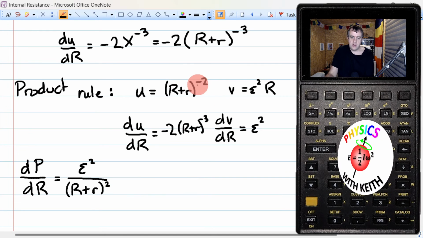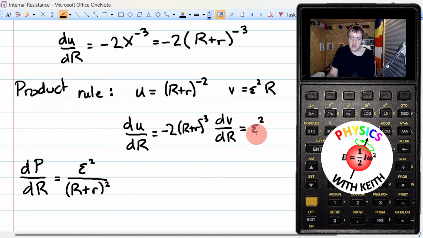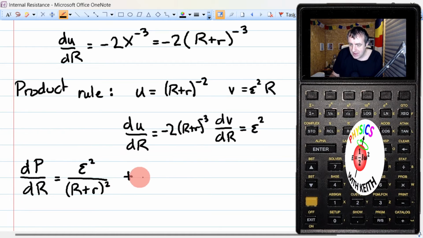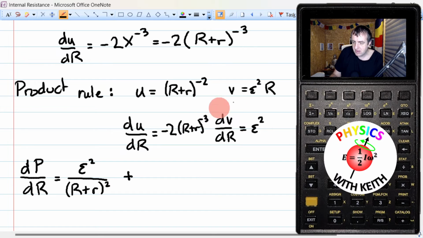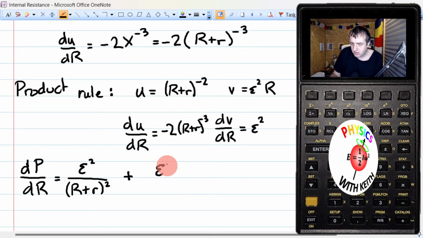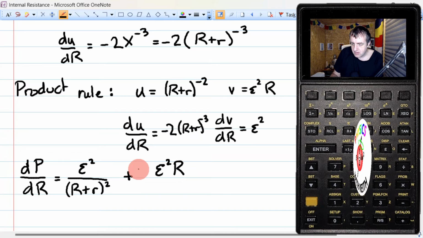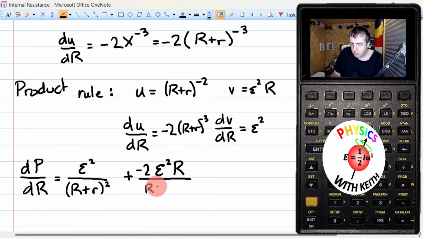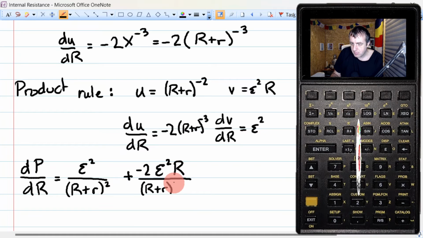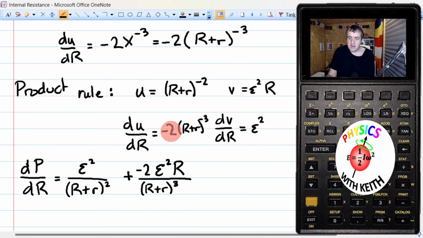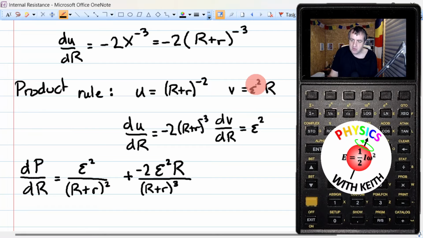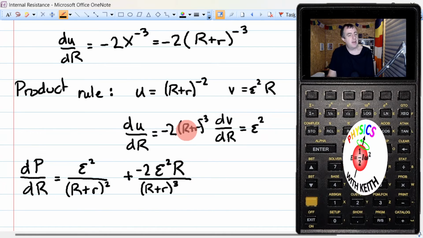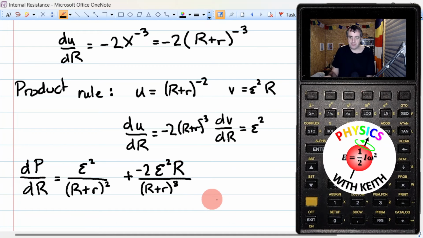That's u times dv by dr. And I'm going to add that to this times this, so it's minus 2 epsilon squared r over r plus little r to the power of 3.